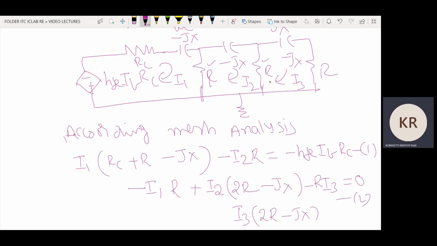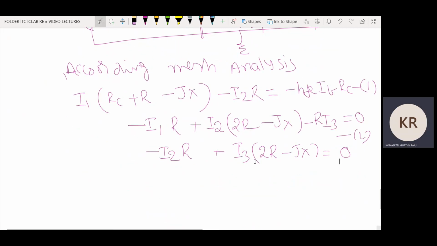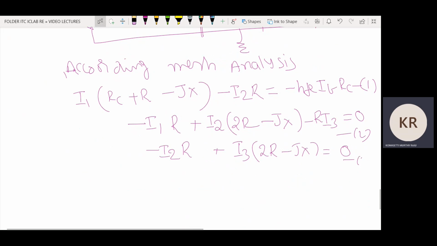This R is common to the second loop and third loop. Already this R is included in the third loop. That is the reason here we use minus I2 into R is equal to 0, there is no voltage source here. These are the three mesh equations.